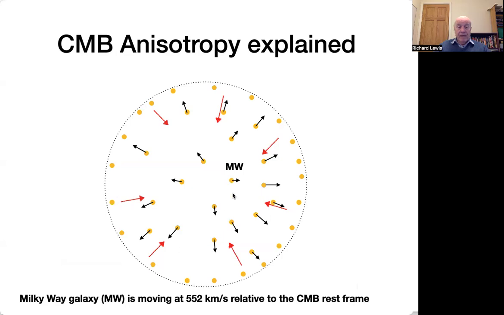And for that to be the case, the Milky Way must be around 26 million light years from the center of the universe, from the center of the galaxy distribution, and from the center of the event horizon. And it's that position, relatively close to the center of the universe, that gives us the point of observation that we have.